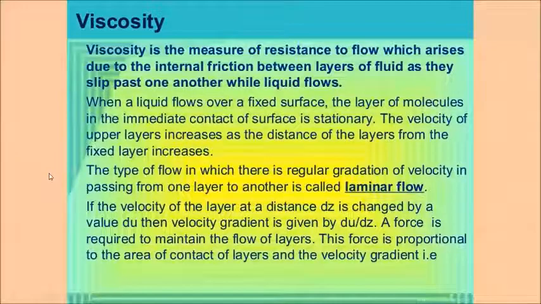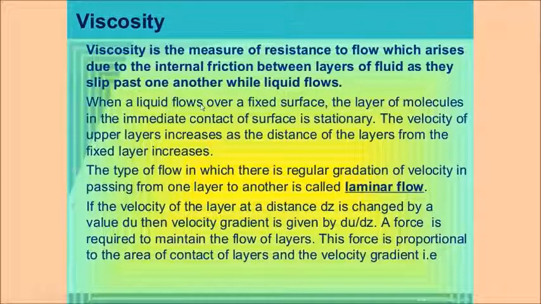The last topic of this liquid phase or liquid state is viscosity. It is the measure of resistance to flow which arises due to the internal friction between the layers of fluid as they slip past one another while the liquid flows.